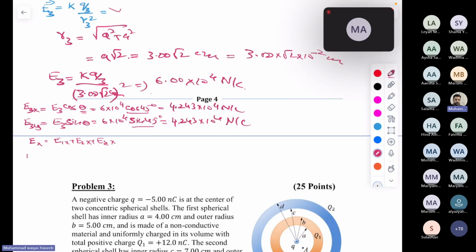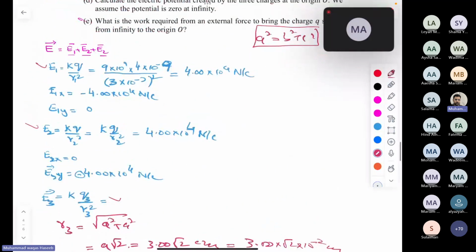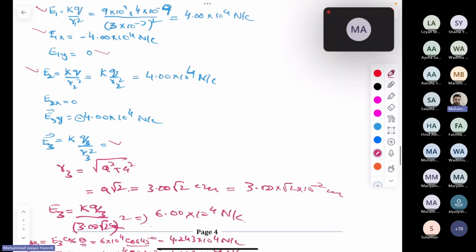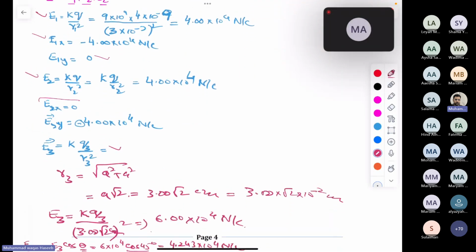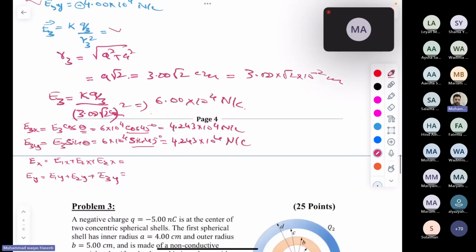And what is the total electric field along y? Ey is E1y plus E2y plus E3y. And we have all the components, because E1y is 0 and E1x is this, E2x is 0 and E2y is this, and we have E3x and E3y.